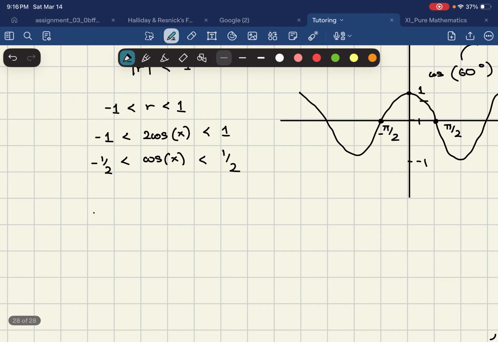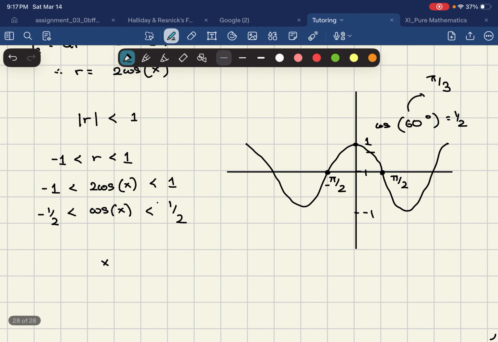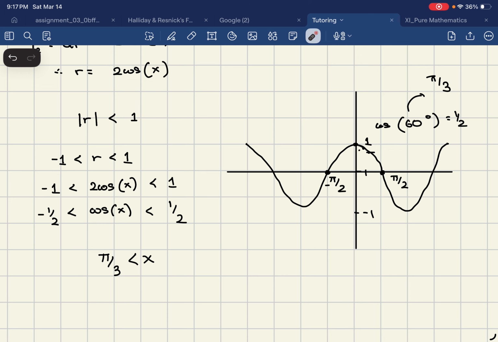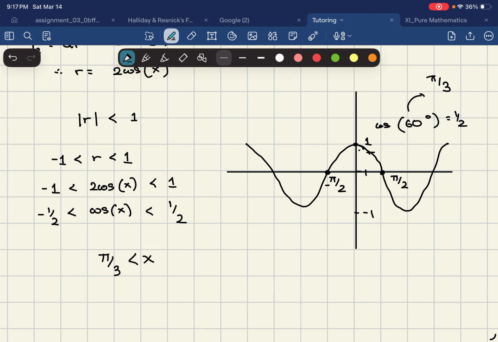So if we want it to be less than 1/2, our angle x must be bigger than pi by 3. Let's look here. 60 degrees is somewhere over here, and this is 90 degrees.